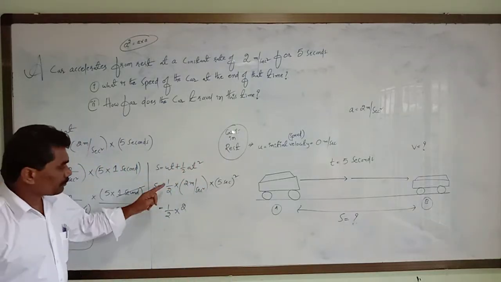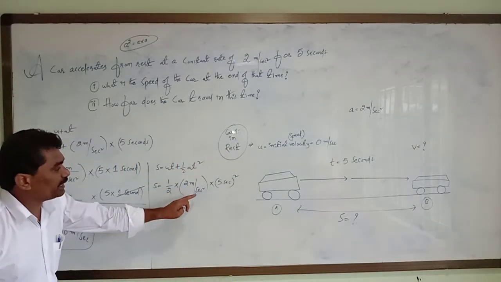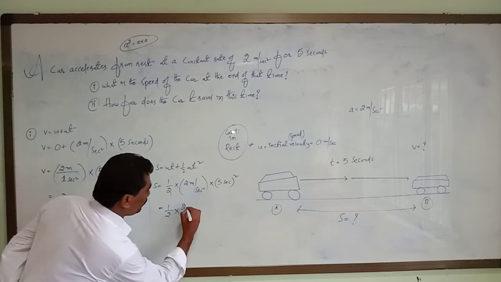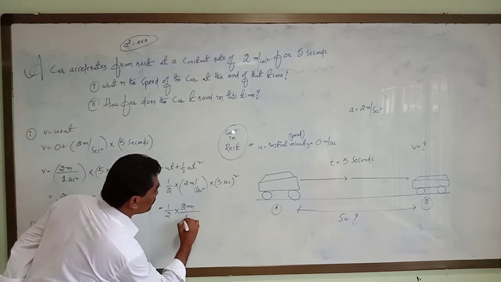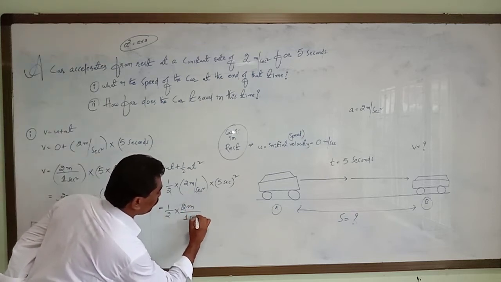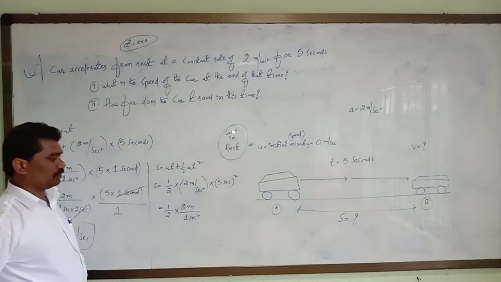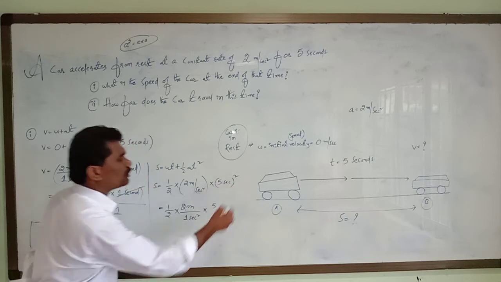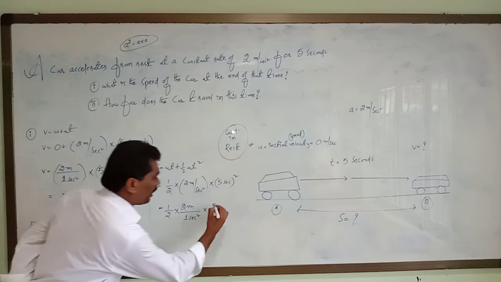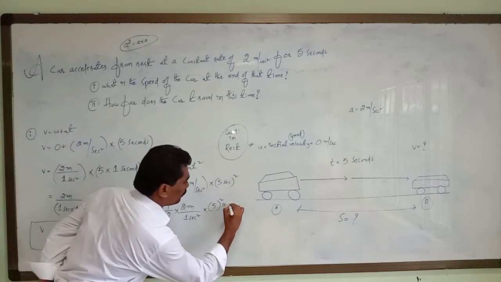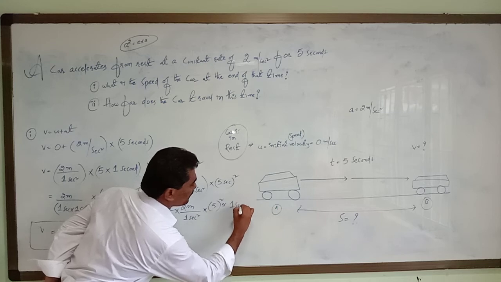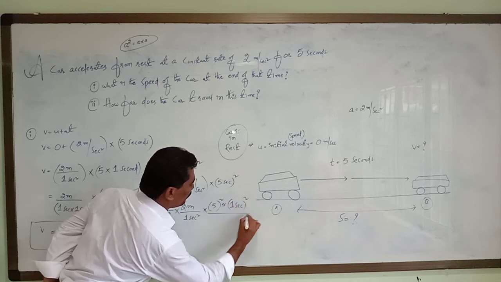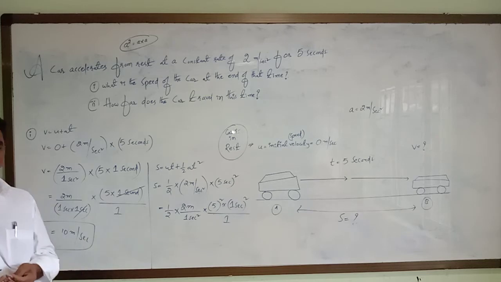Okay students, here 1 by 2 into 2 meter per second square, 2 meter divided by 1 second square, into 5 second whole square, which can be written as 5 square into 1 second whole square, divided by 1.